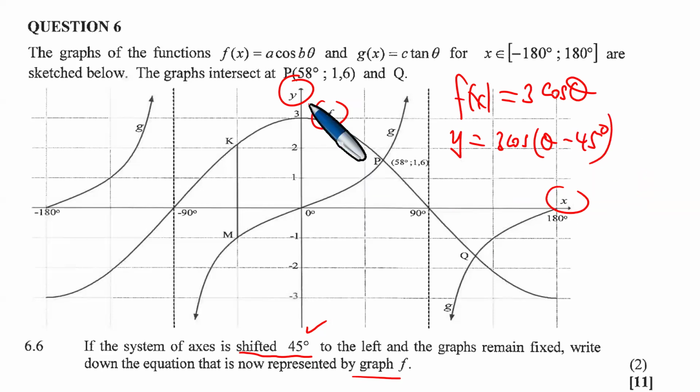If the x and y axes move to the left, the graph will be perceived to be on the right, and moving a graph to the right means you have theta minus 45 degrees. So the new equation will be y equals 3 cosine of theta minus 45 degrees.